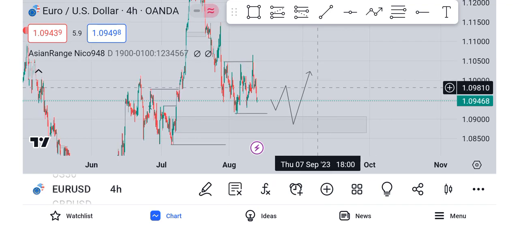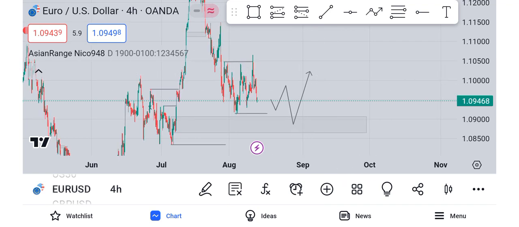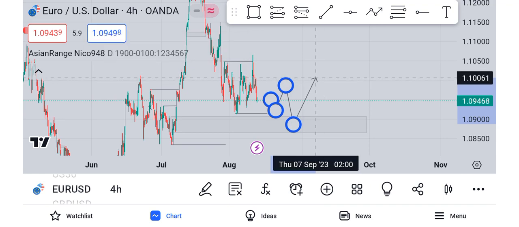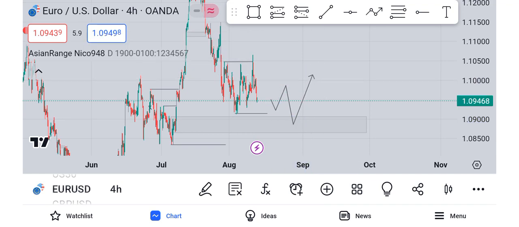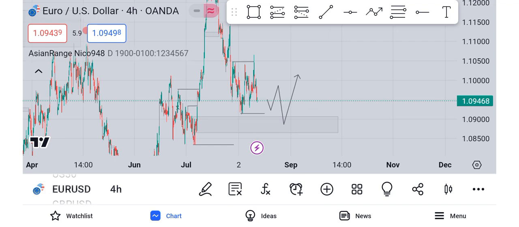So once price completes this, and you see price going up or reaching here, you have to bear in mind that you don't just have to take the trade anyhow.